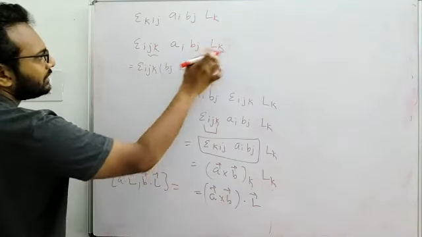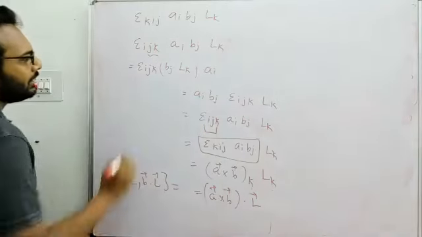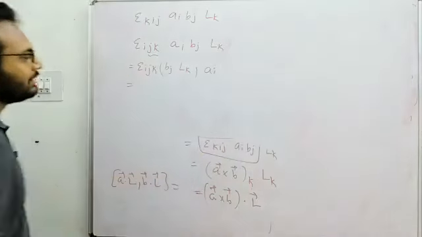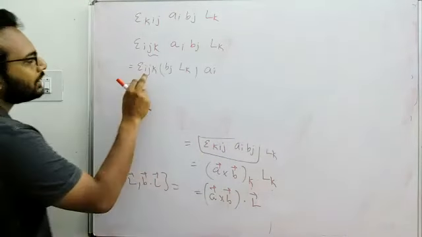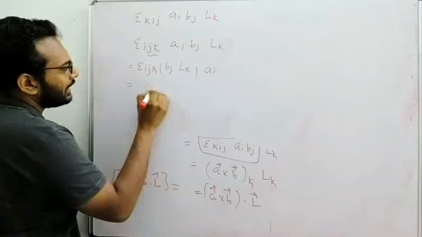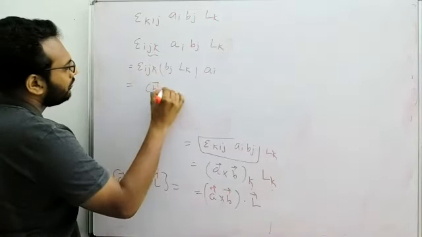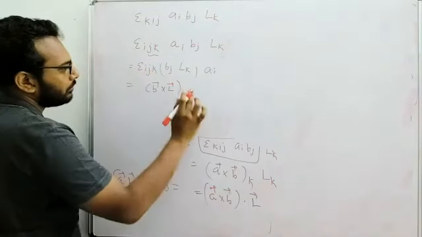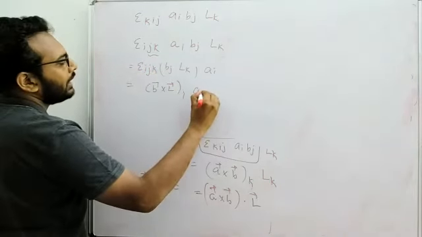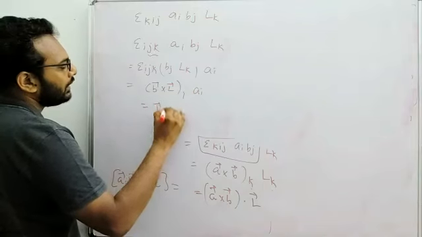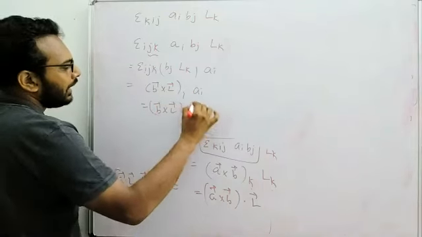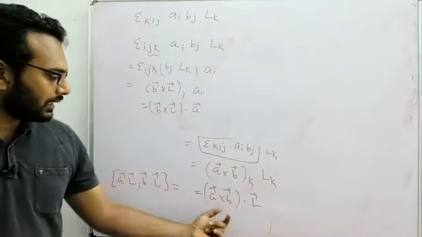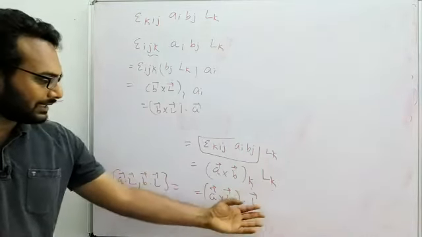What is epsilon ijk Bj Lk? This is the ith component of B cross L. So this is equal to (B cross L) dot A. That's a property of the cross and dot product: you can take cyclic permutations and get the same result.